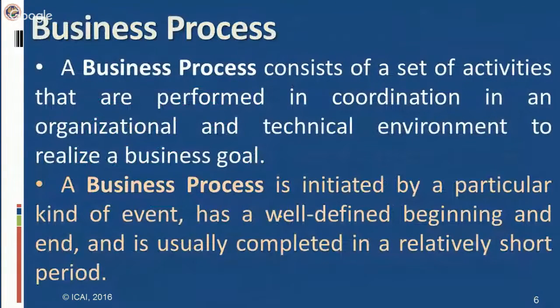Now we shall start with the topic. So first of all, we need to define what is a business process. A business process consists of a set of activities that are performed in coordination in an organizational and technical environment to realize a business goal. That means the activities that we have should be performed in coordination so that a business goal is achieved.